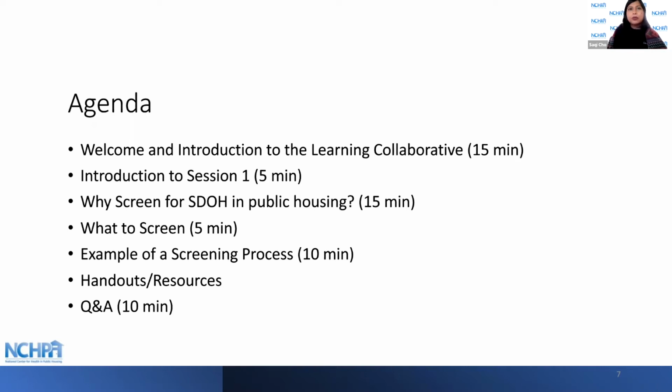Abdeen will go through the definition of SDOH, the importance of screening, particularly for public housing communities. And then I'm going to walk through some of the typical SDOH domains that are covered in SDOH screening protocols and go through an example from North Carolina about their process. And then we'll get to the Q&A.